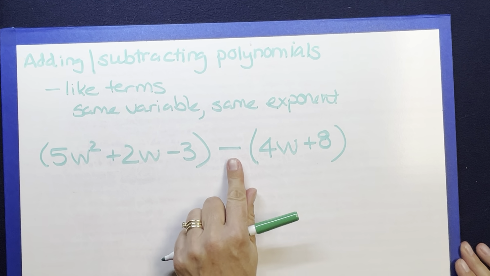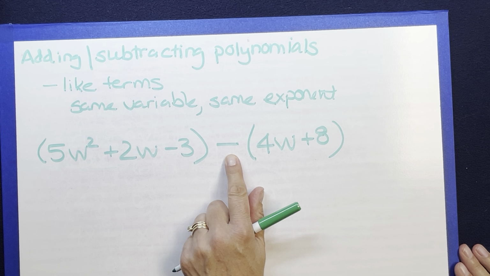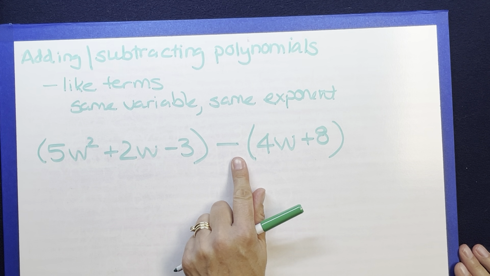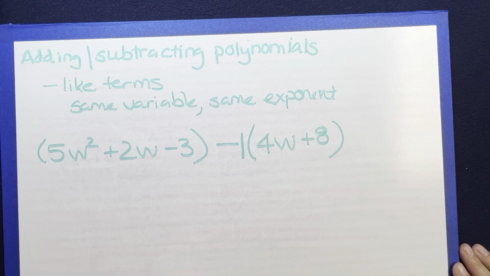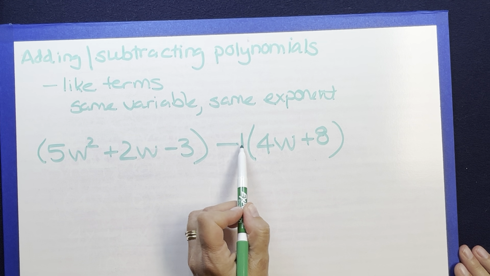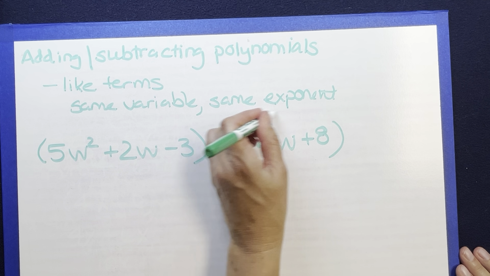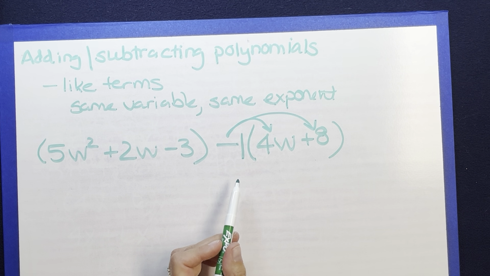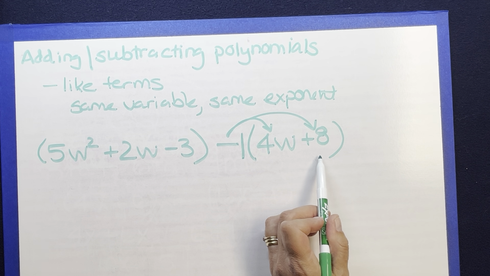Now, the difference between these two polynomials, this minus sign, there's no number really showing with it, but there is a hidden 1. Because if I pretend there is a 1 here, it's like a negative 1. And now what I can do to make my problem a little easier, I'd rather be adding together instead of subtracting. So I'm going to quickly do a little distribution here.